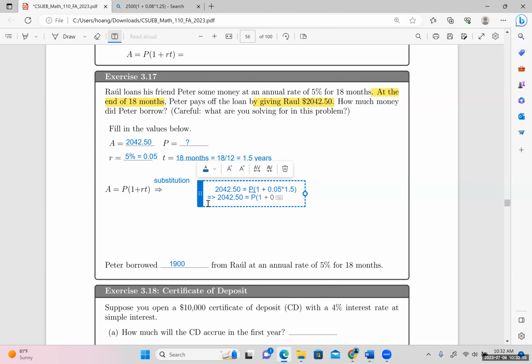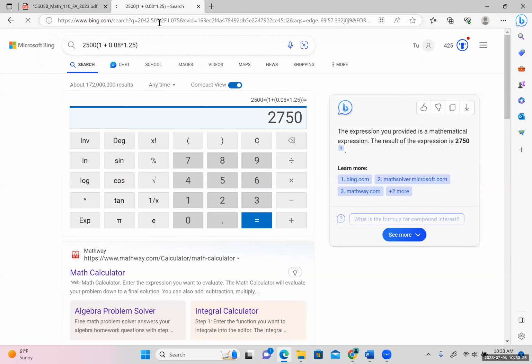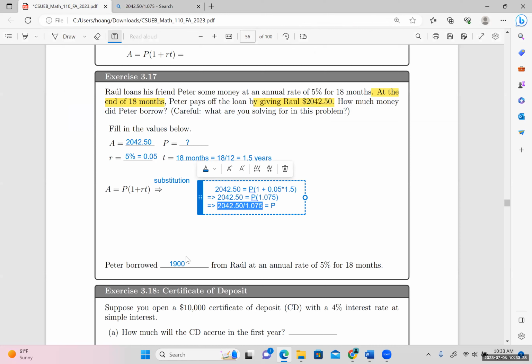Use calculators, you're going to get 1.075. And then you want to solve for P, so just divide both sides by 1.075. 2042.5 divided by 1.075, you get P. So what is P going to be? Double check: 1900, as I gave you here. Okay.